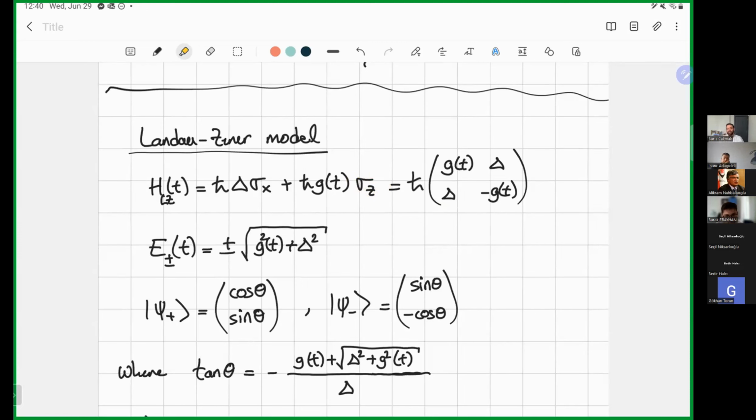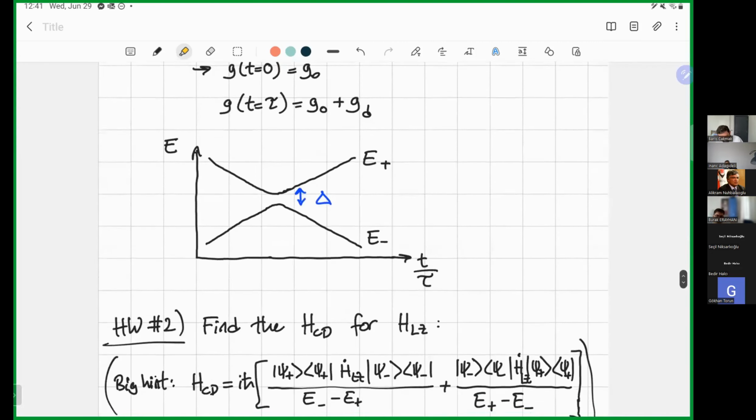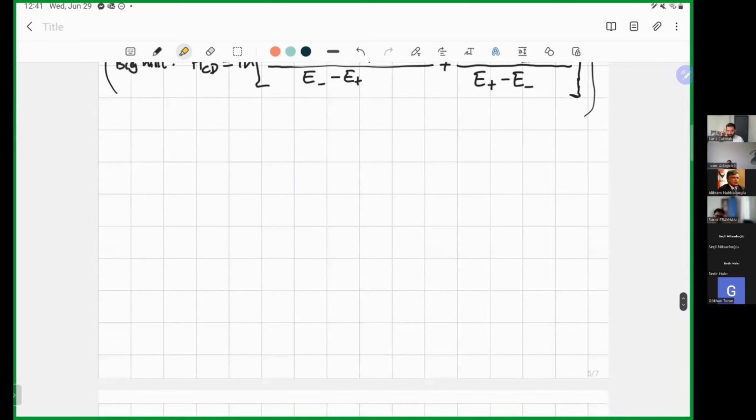So I can basically rotate this Hamiltonian to a different basis, which would be the adiabatic basis, the basis given by the energy eigenstates of the Hamiltonian. By the way, what I'm doing is a rotating frame transformation, and that rotation can be done by a unitary operator.